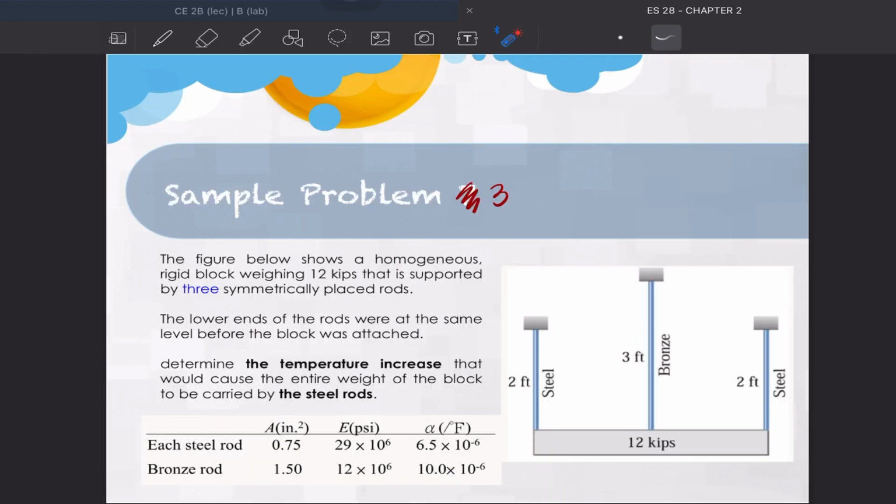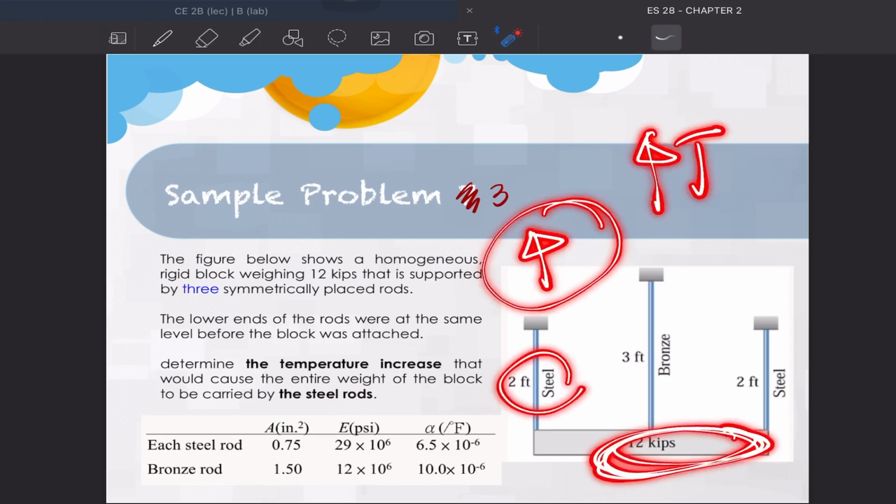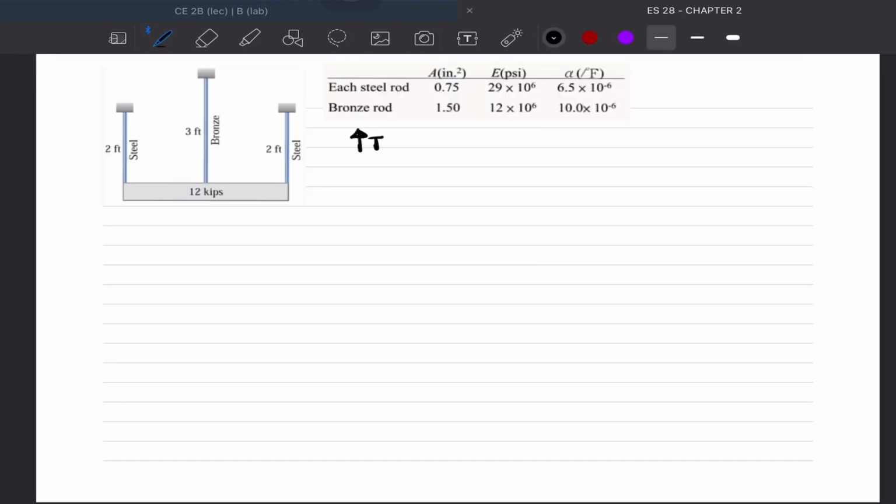Hindi pa dayon na siya dahil sa problem 3. Pero ang gipangayo is, unsay change in temperature or increase in temperature, nga kaning 12 kips nga block, rigid block, is carry lang sa steel bars. Meaning, imong bronze is, wala siya stress, wala nag-exert. The bronze rod is unstressed. Ganina, the temperature increase is 100 degrees Fahrenheit.